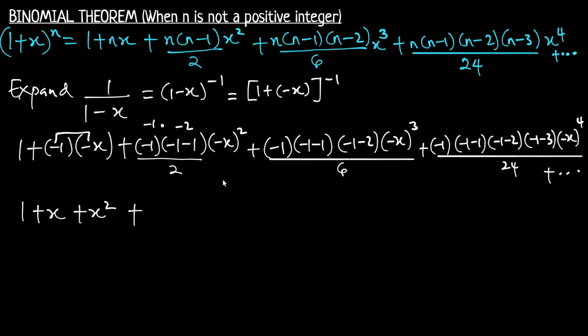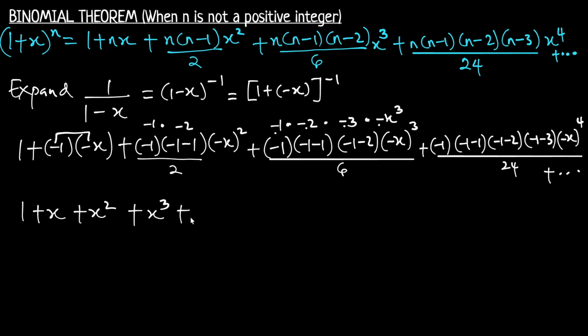Plus negative 1 times negative 2 times negative 3. So if you multiply all of this, you have a negative 6. Remember that this is going to be negative x to the power of 3, right? So if you multiply the negatives here, you have positive, this and this positive, then this and this positive. So then all of this is 6. So 6 divided by 6, that's 1. And you have x to the power of 3.